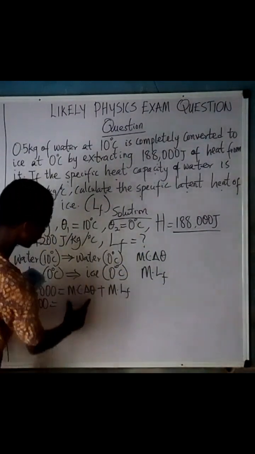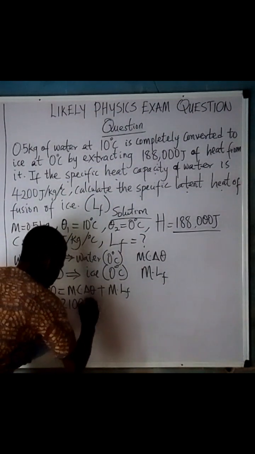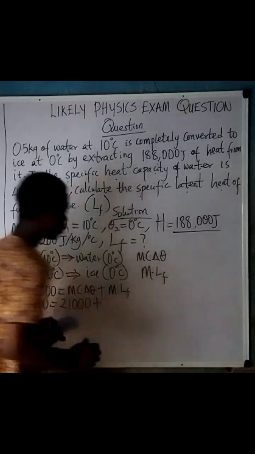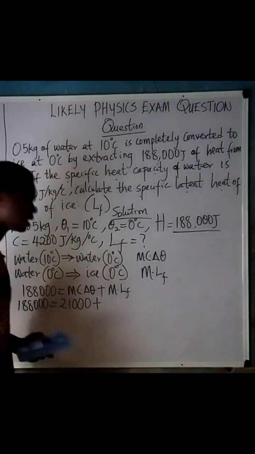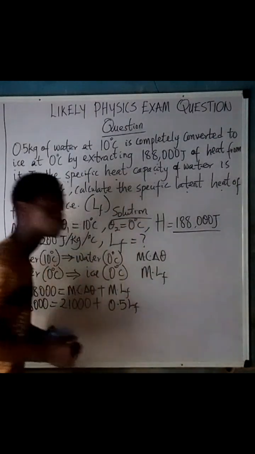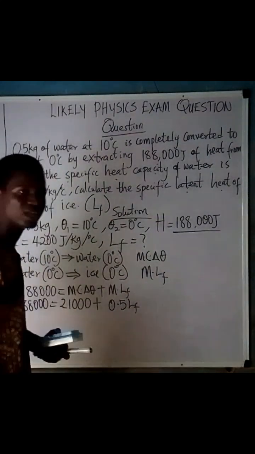Now the final value for this gives me 21,000. Then plus, what is our M? Our M is 0.5. 0.5 times L, it will be 0.5 L, like I said, subscript F. So what do we simply do? Move the ones without LF to one side.